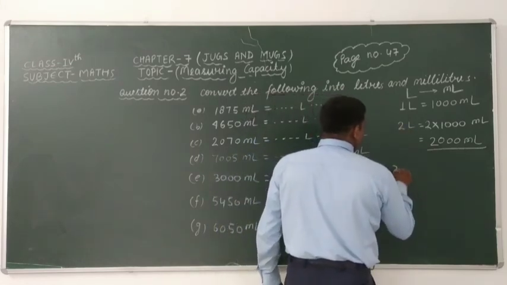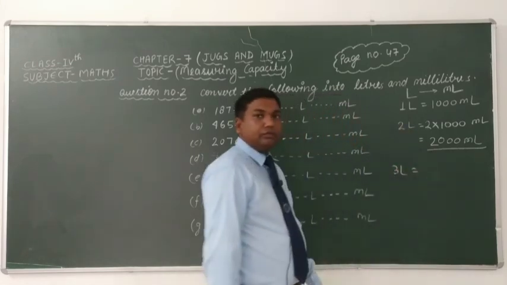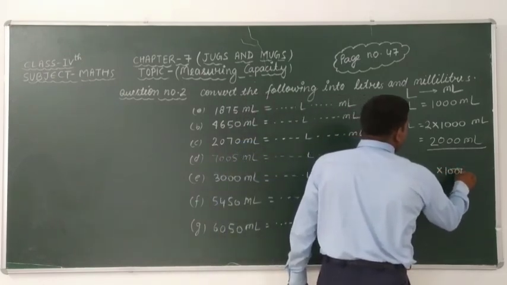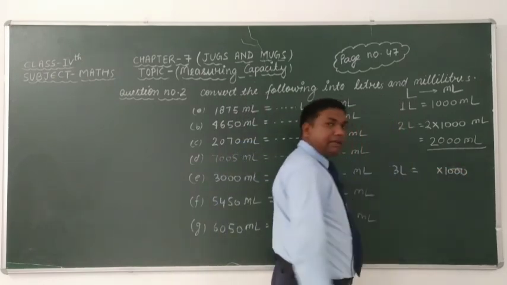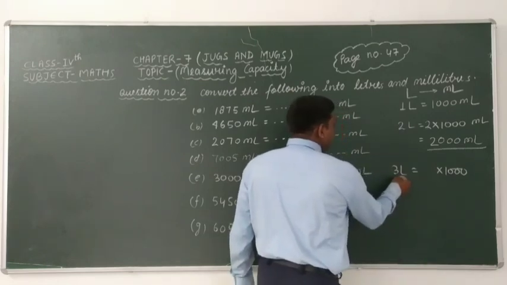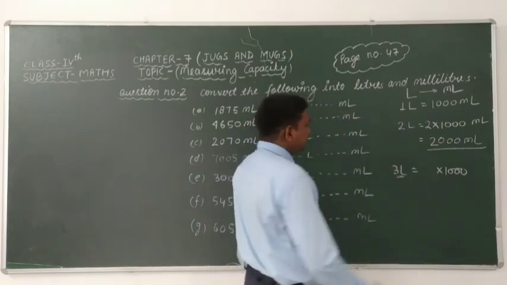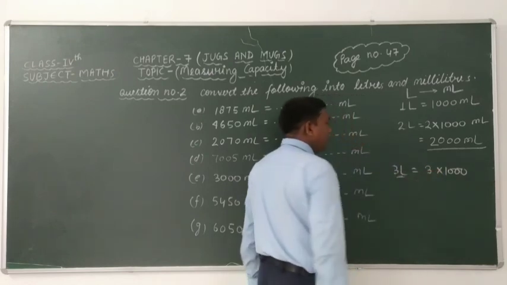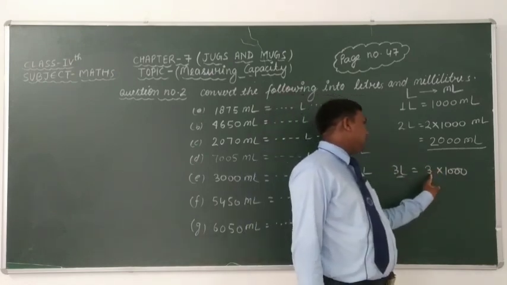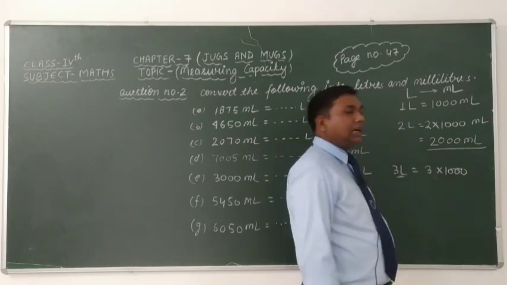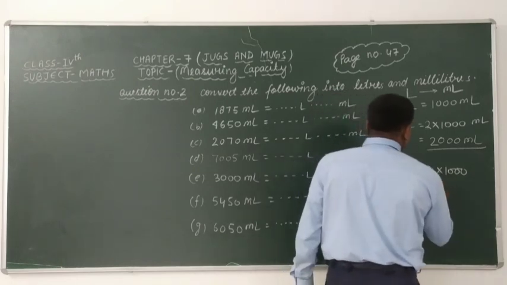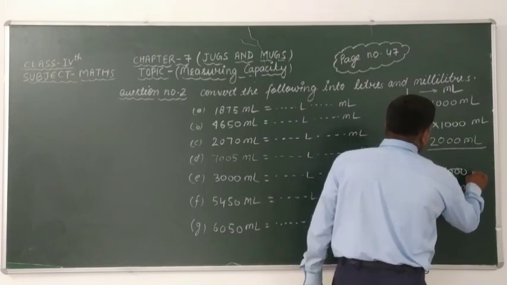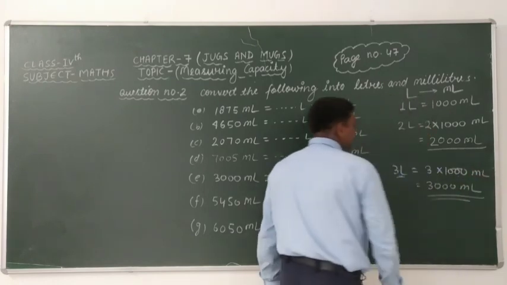Similarly, 3 liter is equal to, if we multiply the given number of liters by 1000, here how many liter? 3. Therefore we multiply 3 and 1000, then we get 3000 ml. Okay, understand?